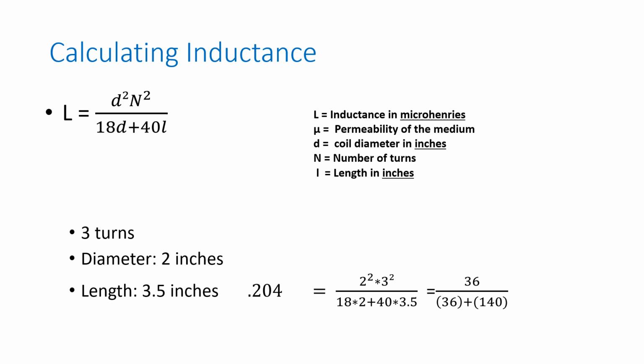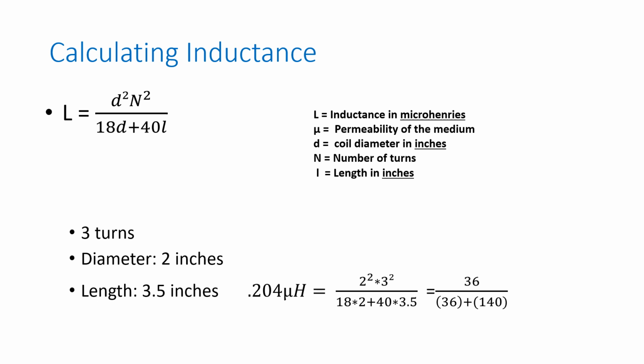But that's not Henrys. We end up with 0.204 microhenries because that is how the formula is designed. Because remember, this is specifically for RF circuitry where we deal in very small inductances.